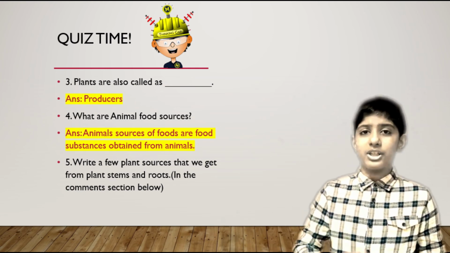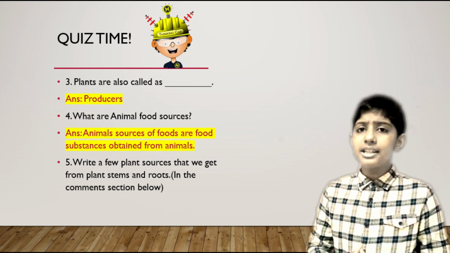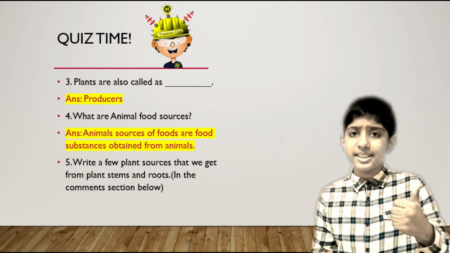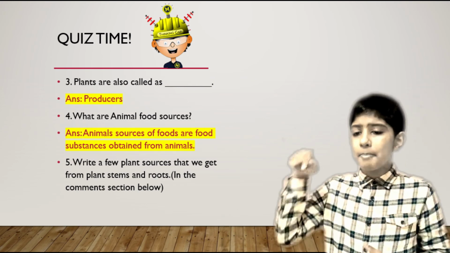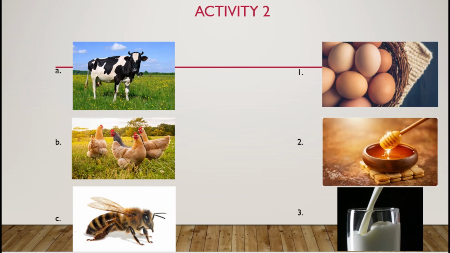Excellent. You're doing good. Now here is a fun question for you. Question number 5. List down a few plant sources that we get from the roots and stems of plants below in the comment section. We'll surely check it out and grade you.